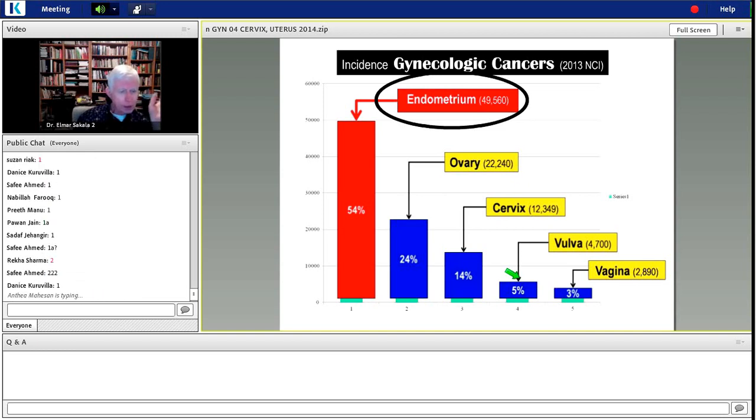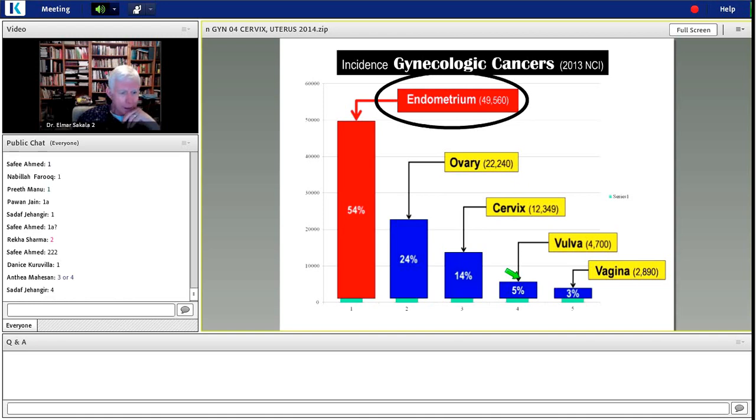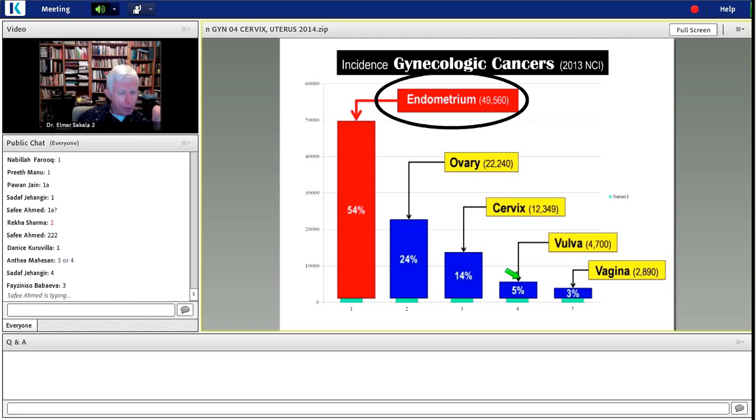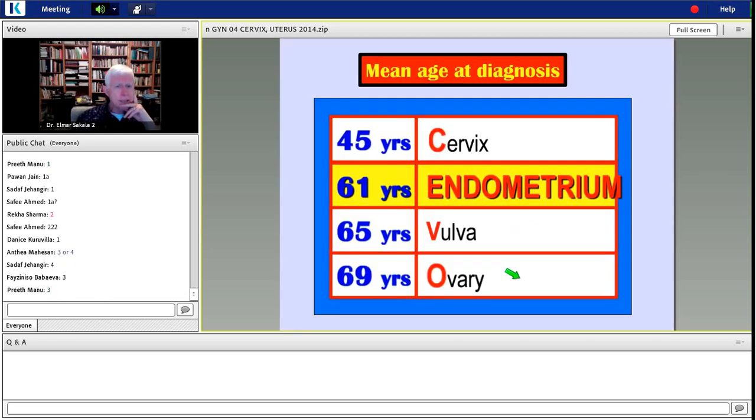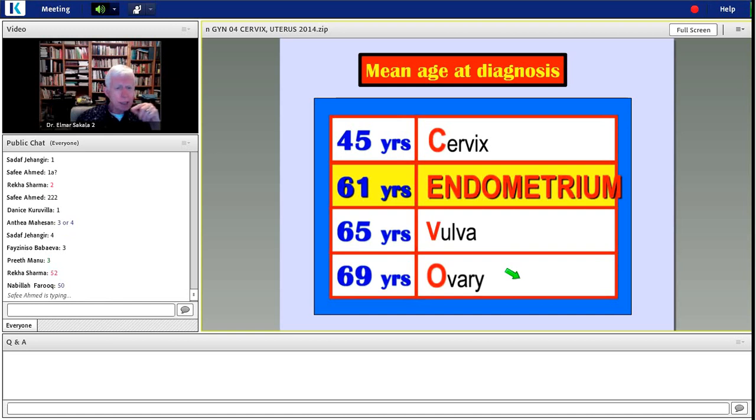The most common ovarian cancer stage is not 1, it's 3. 65% is stage 3. And the reason is because there's no early symptoms or no early indications. Okay, the average age is 61. What's the average age of menopause? 51. So we're looking at endometrial carcinoma starting about 10 years post-menopause.